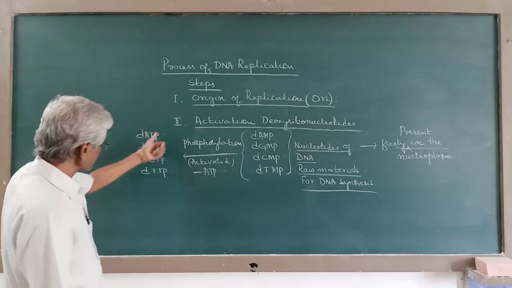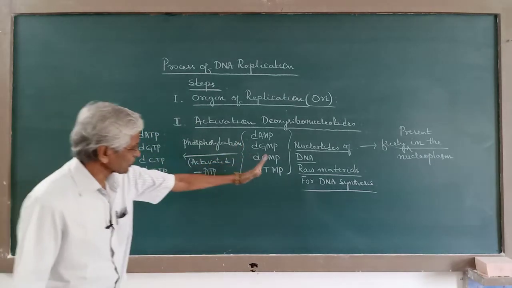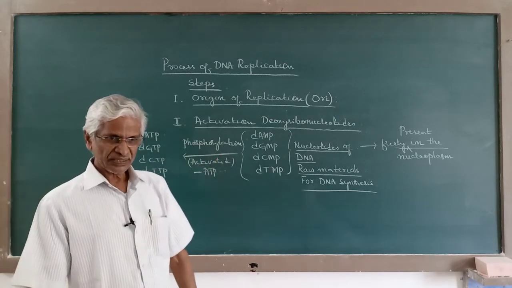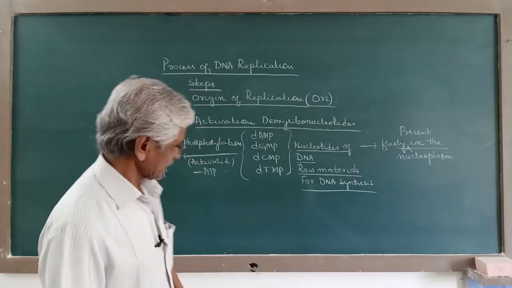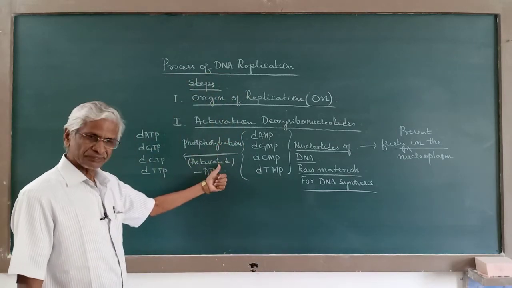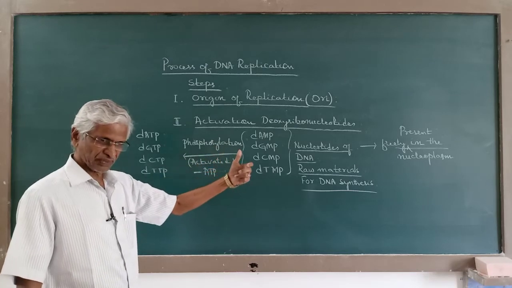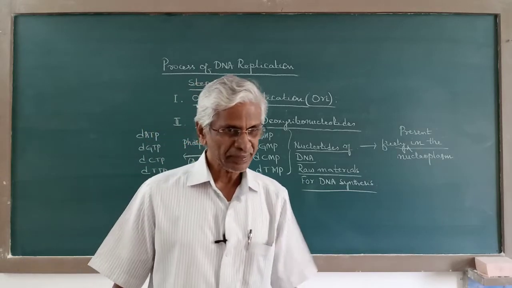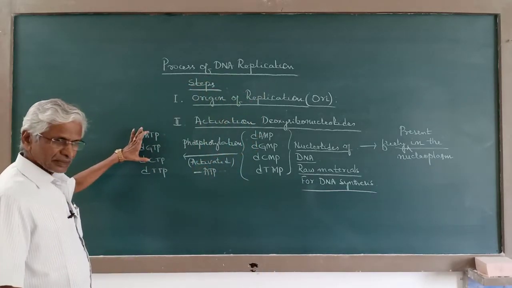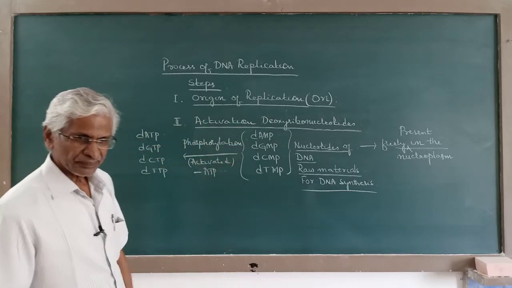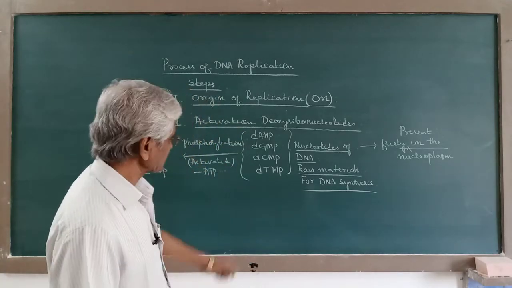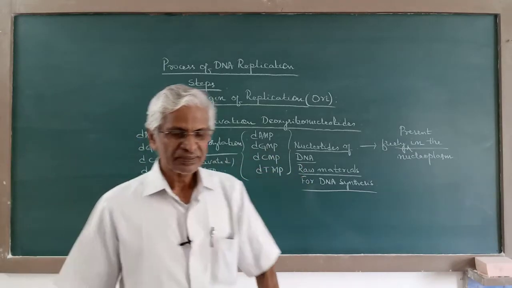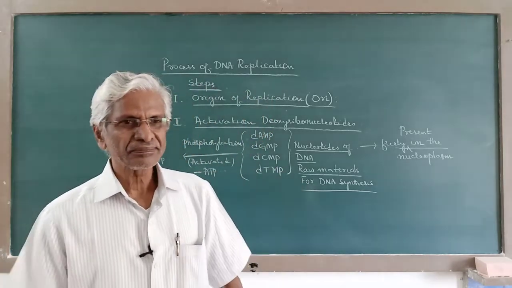So monophosphates are converted into triphosphates. This is phosphorylation or activation, catalyzed by phosphorylase enzyme utilizing energy from ATP. The triphosphate forms, instead of monophosphate forms, are used for DNA synthesis.